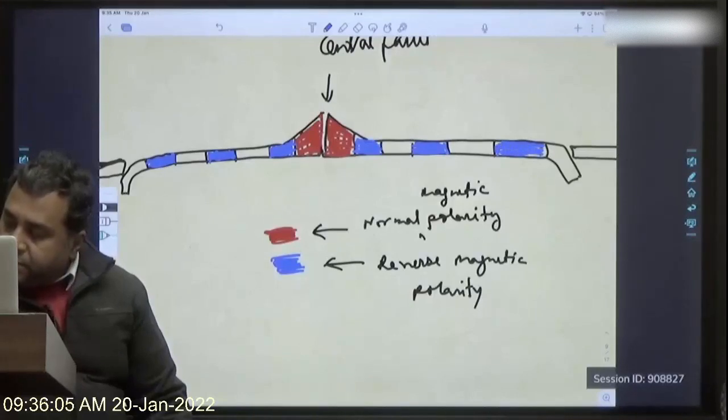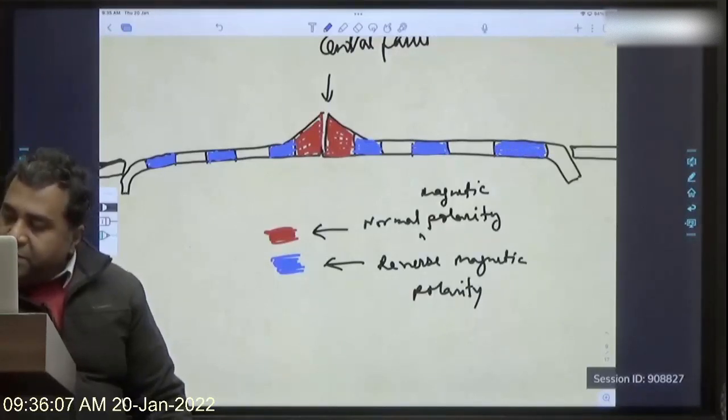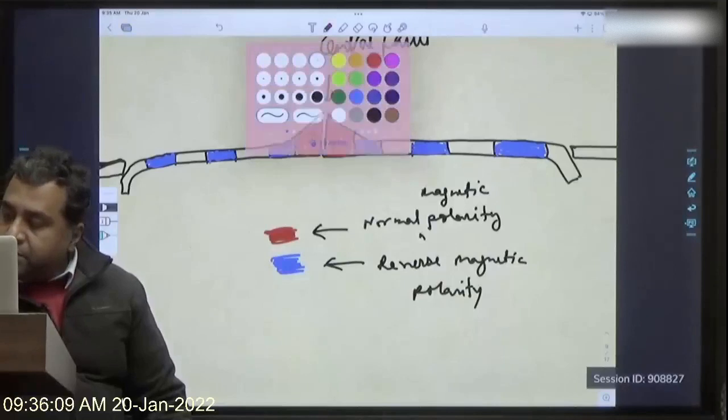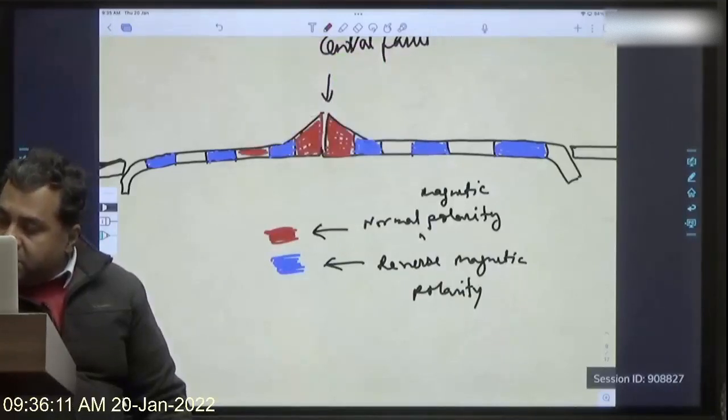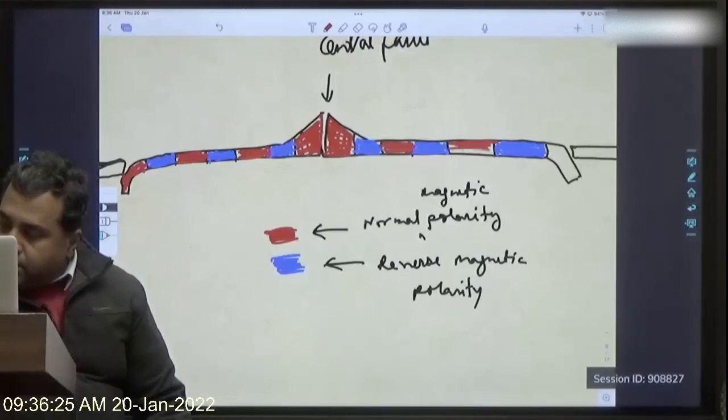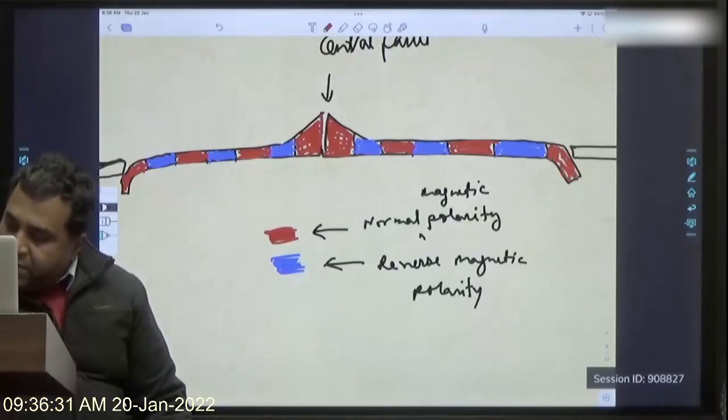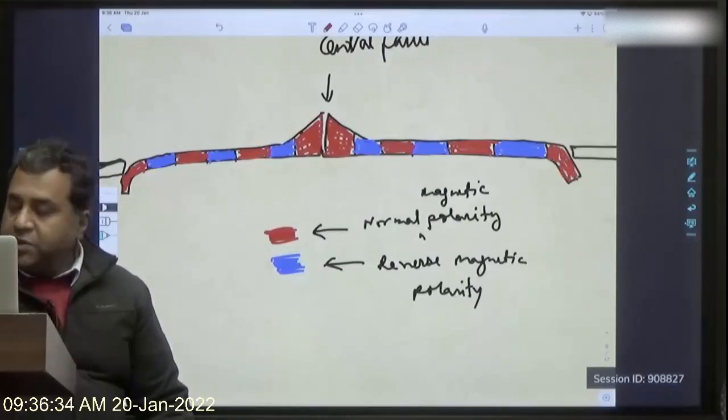What does this polarity mean? I'll explain, don't worry. So just draw the diagram to show the normal polarity and reverse polarity rocks. Something like this.